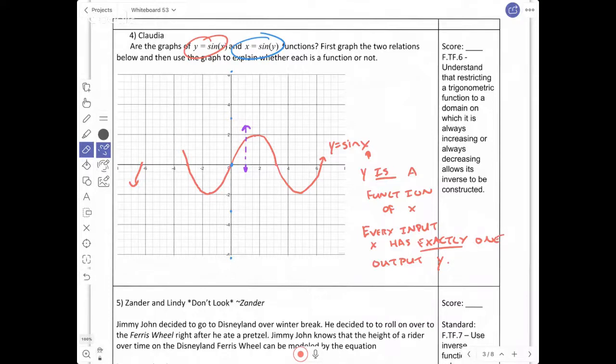All right, let me just change it. So it should only go up to 1. I didn't see what the scale was. 0, pi, 2 pi. And here we are at negative.